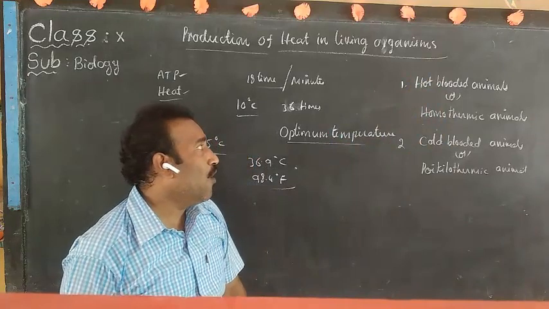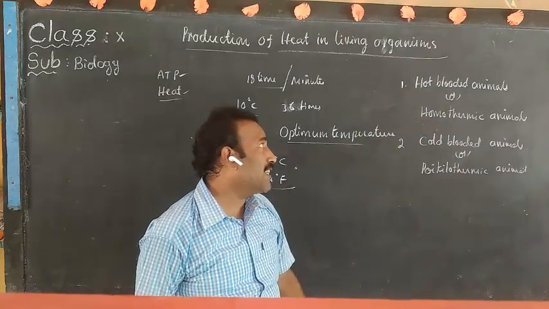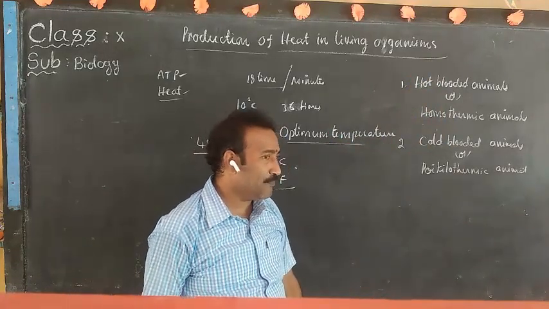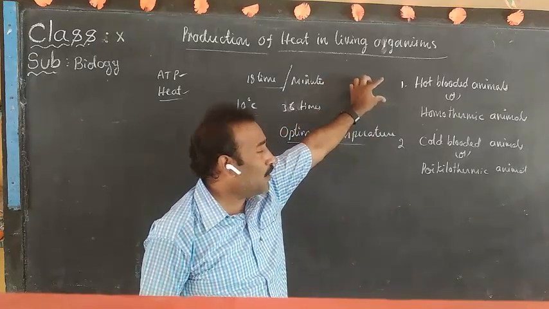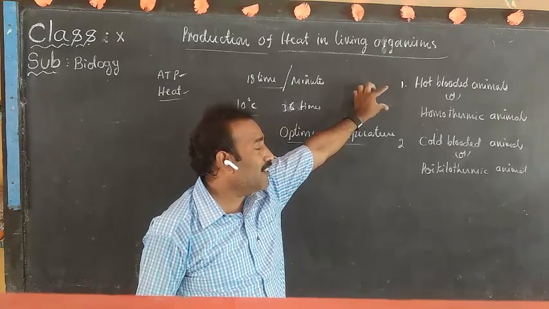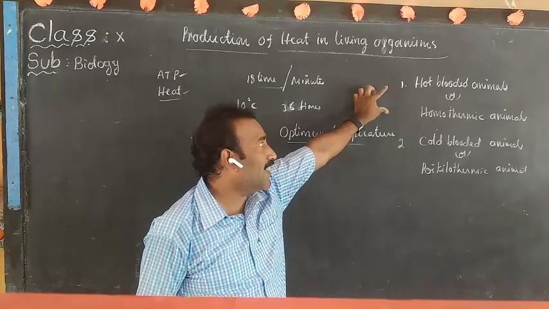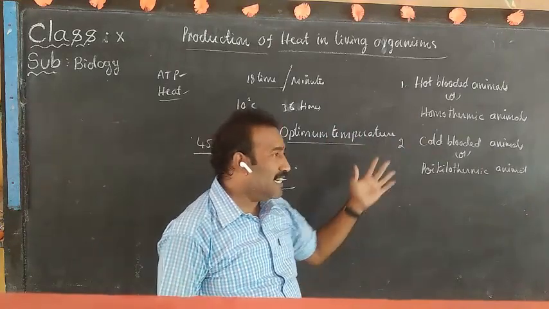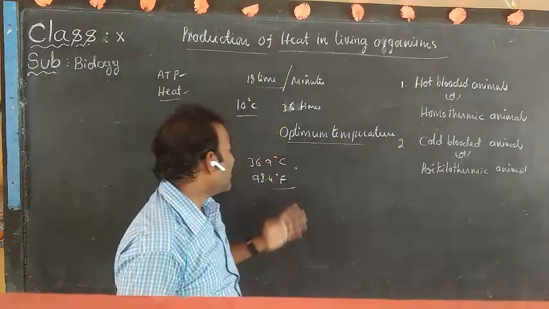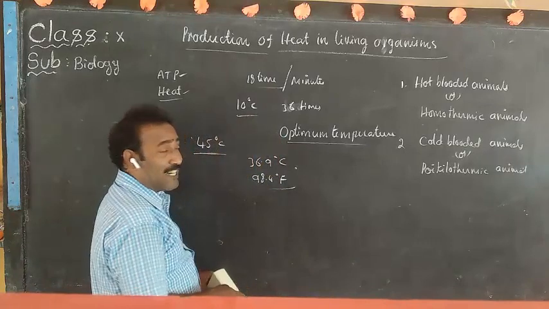So they are called homothermic animals or hot-blooded animals. Examples are birds and mammals. Human beings also have a constant body temperature. How much?